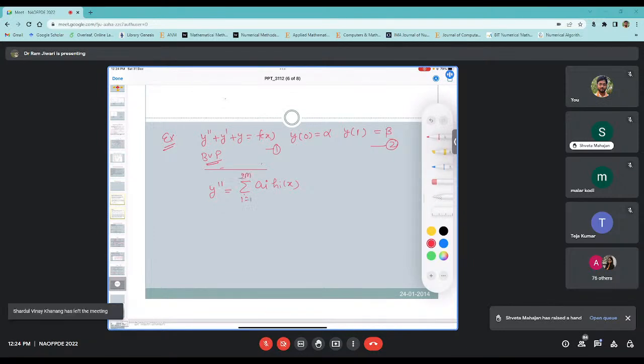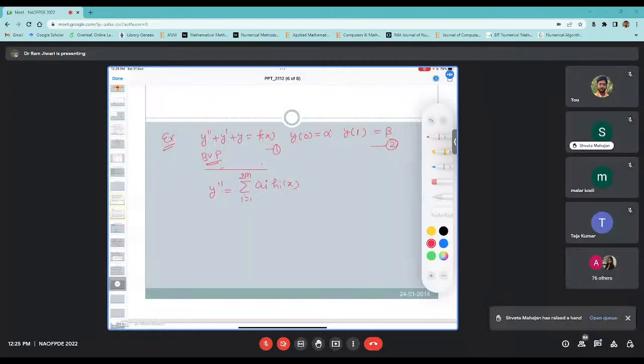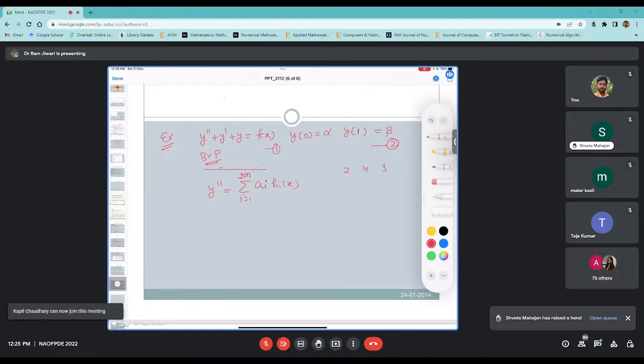As I told you, it will go up to 2m, which is an even number, a power of 2 multiple: 2, 4, 8, 16, 32, 64, 128, and so on. So assume the solution in this form.